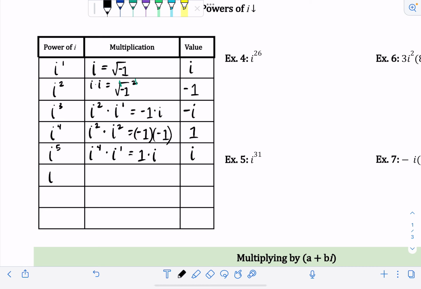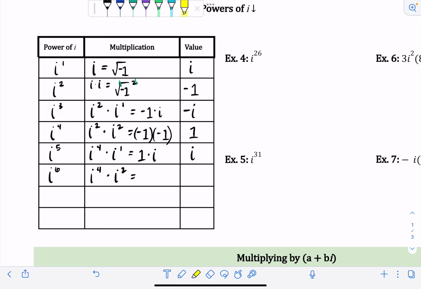And then next is i to the sixth power. We're just going to keep going up by 1. I can get to i to the sixth power a few different ways. I'm going to do it by i to the fourth power times i squared, right? When we multiply powers with the same base, in this case i, we add the exponents, so 4 plus 2 gives 6.